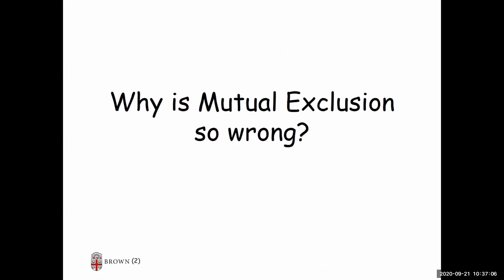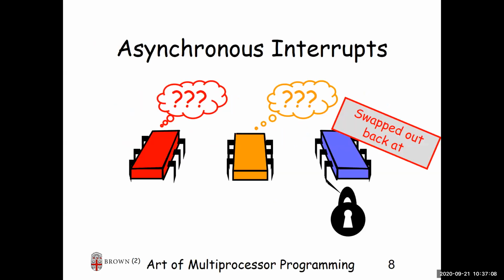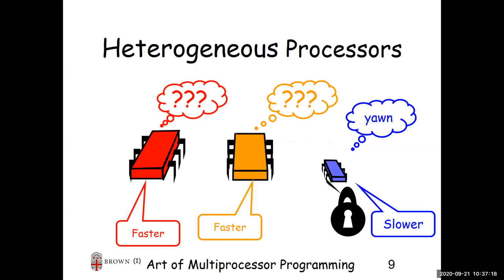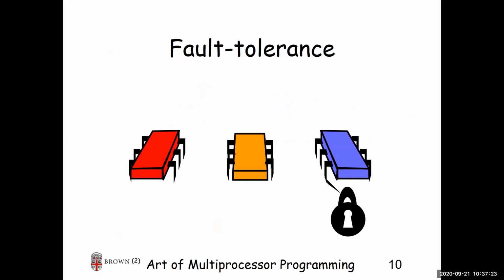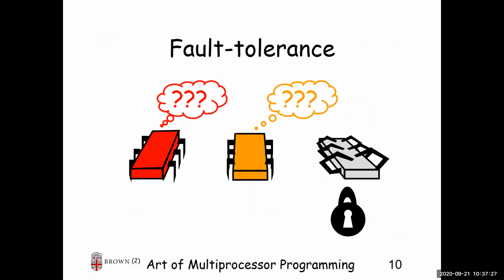But what is the basic problem with mutual exclusion? You have these three CPUs running along, and we have asynchronous interrupts, and one swaps out and suddenly becomes slower while the other two are trying to run faster. But the first one is holding a lock, and so the other two can't make progress.